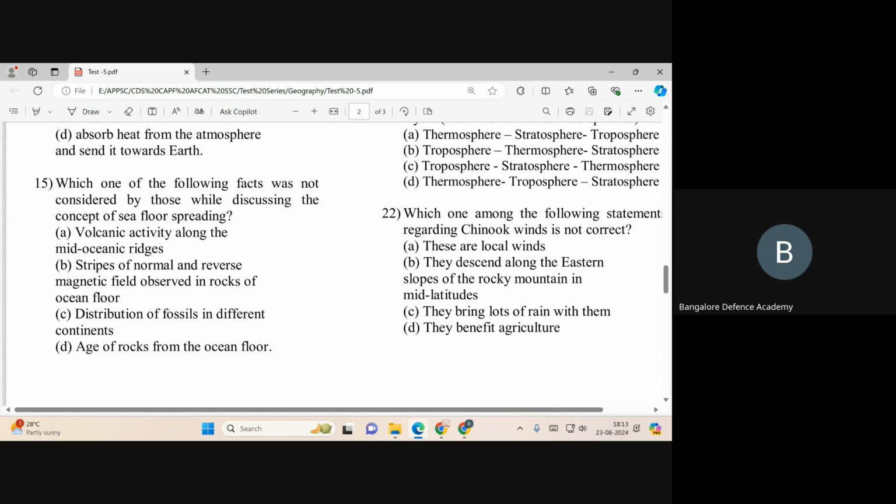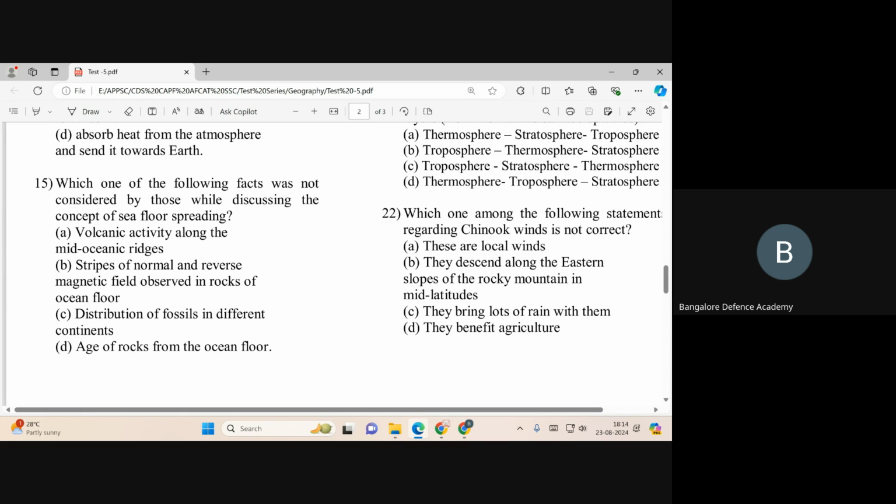So reversal of the magnetic field is happening because of the reversal of Earth's magnet. Earth is acting like a magnet, and Earth's magnet changes its polarity. Sometimes it is in sync with Earth's north and south, sometimes not. The alignment of the material happens according to Earth's magnetic field. When Earth's magnet is north and south, the alignment will be north and south.